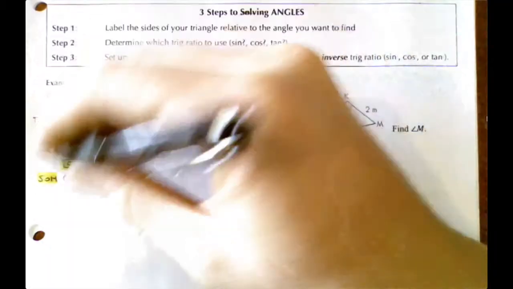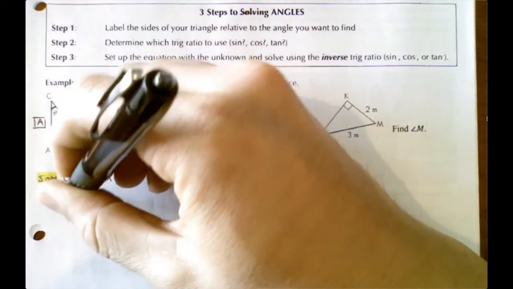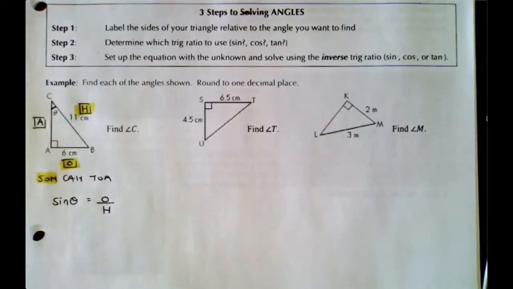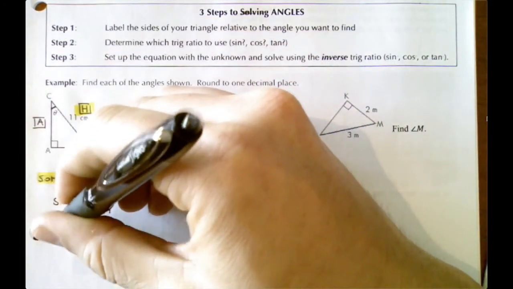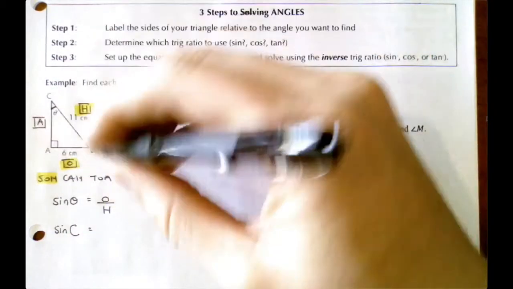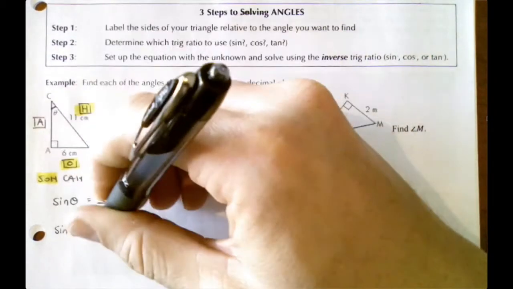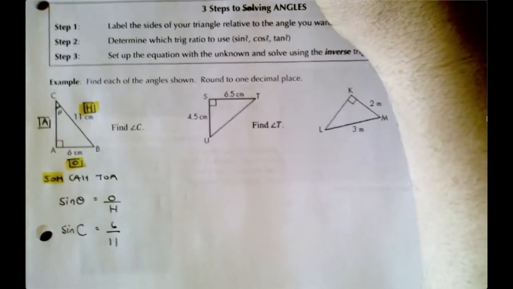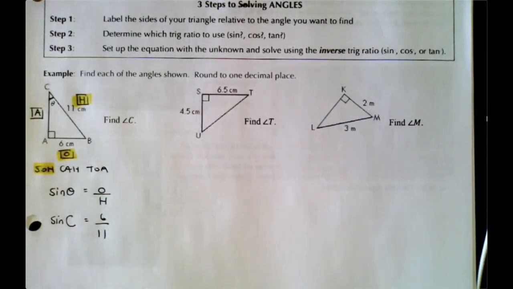So let's write our sine ratio. Sine theta equals O over H. And now let's fill in what we know. The angle we're looking for is C, so I'm going to write C. The side O is 6, and the side H is 11. And now this is the easiest solve step in trigonometry because it doesn't matter what angle you're solving for in what triangle.